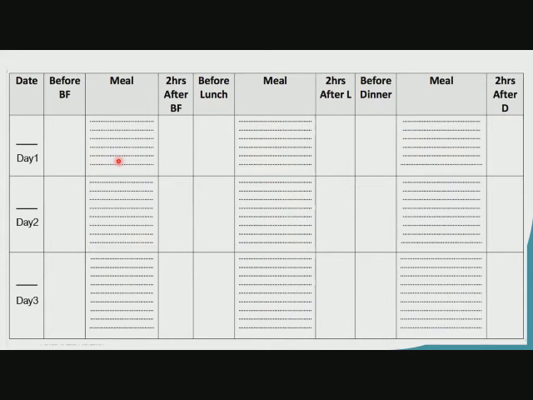After you fill all this table, you are going to have a discussion with the dietitian, and she's going to make some modifications. This is better than just ruling out all your diet plan and giving you a new diet plan that you might not like or might not continue.